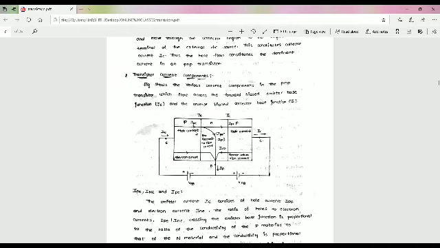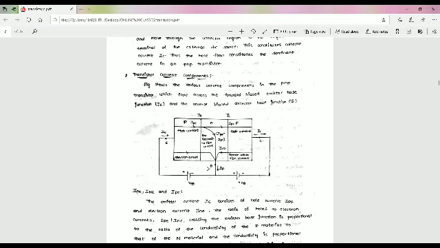Holes crossing from emitter into base, that is the IPE. And electron current is INE. Hole current is IPE and electron current is INE. Electrons crossing from base to emitter terminal.